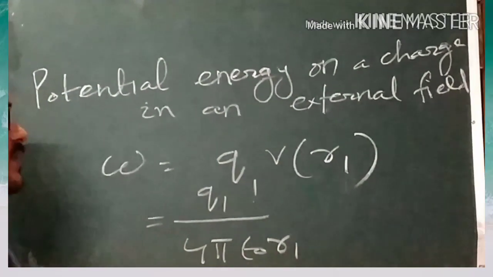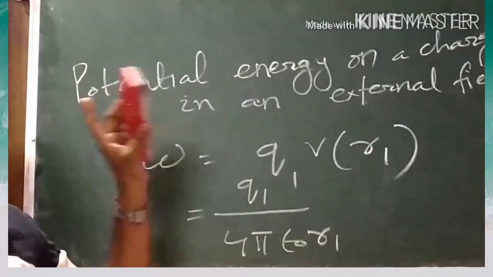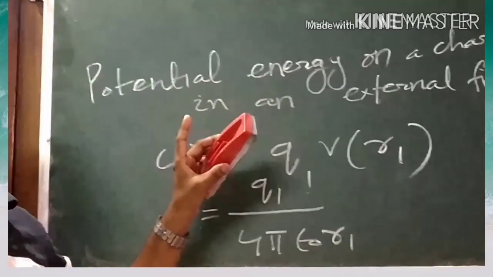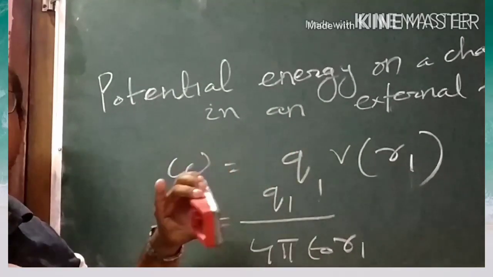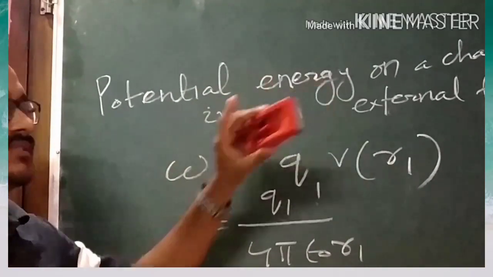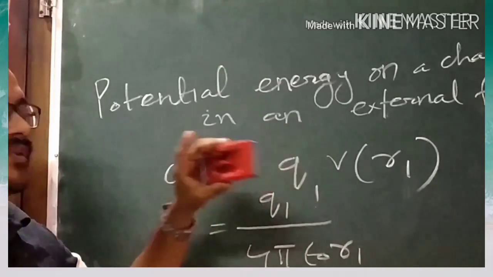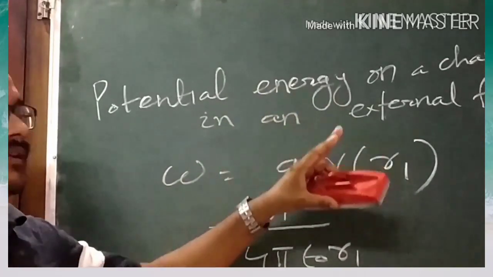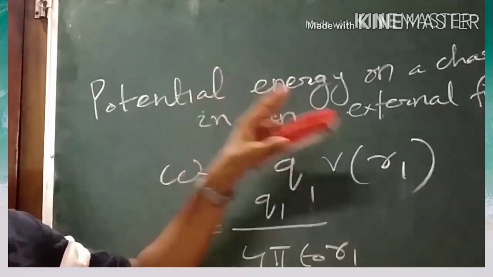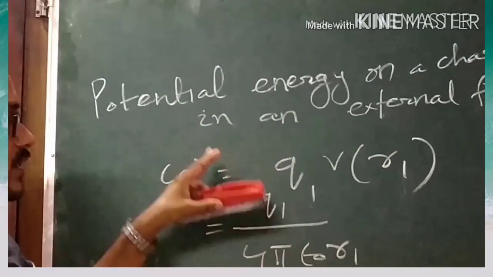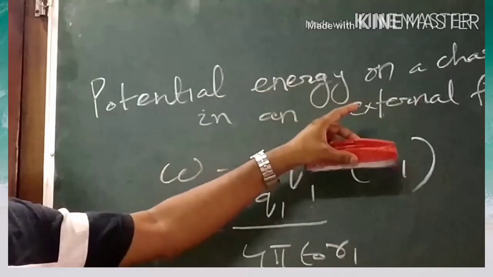But in the previous video, when we took the single charge, no work was done, because in that situation there was no charge surrounding the single charge to produce an external electric field. In this case, we have assumed that there is an external field, so we have to calculate the work done even if there is a single charge present.